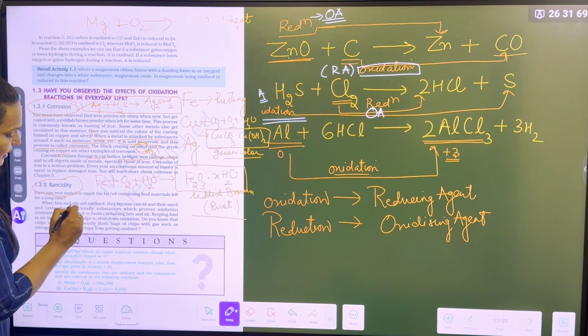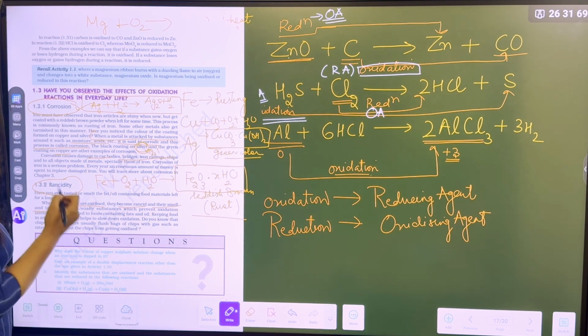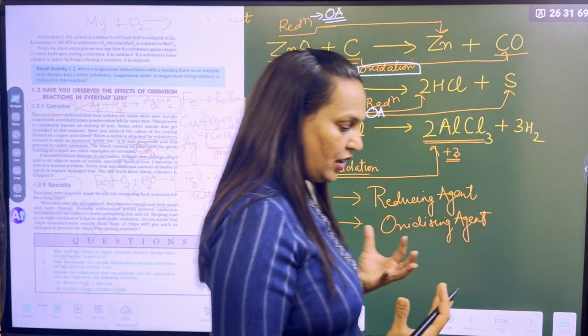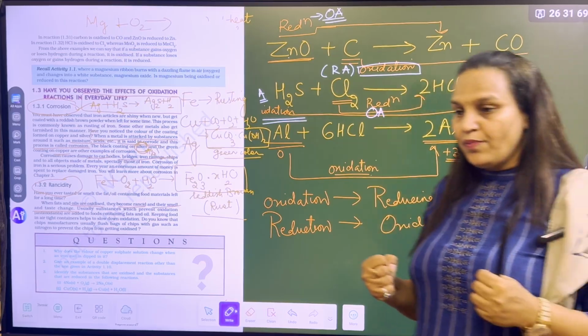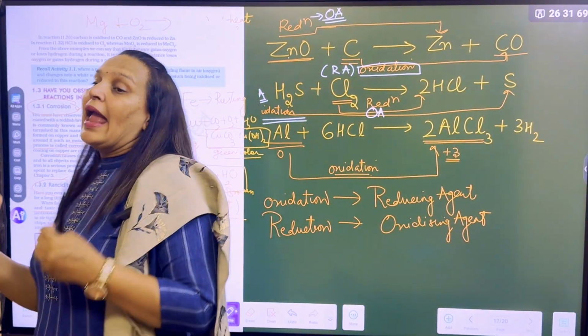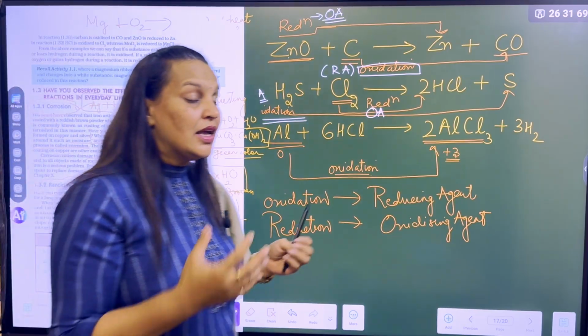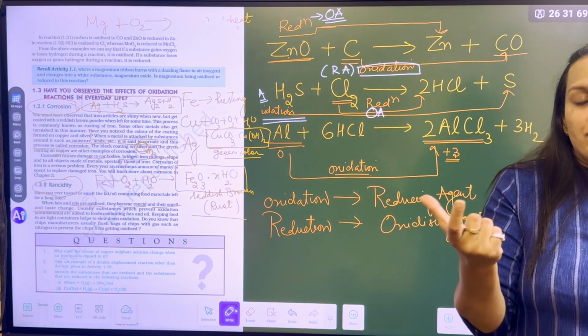When the fats and oil get oxidized, they become rancid, their smell changes, color changes, taste changes. There is a foul smell. So generally, if we make chips at our home and fry, and we consume within a week, but if we keep it for a month, we get a smell from the chips.